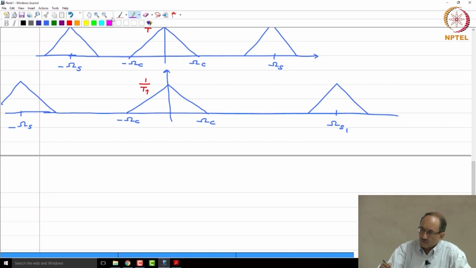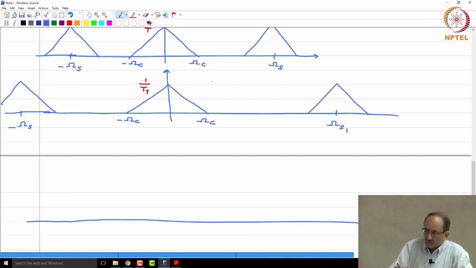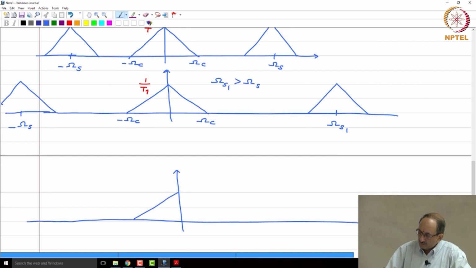And just to complete the picture for one more case. So, this is omega s1 greater than omega s, and immediately you can also guess that if you now have a sampling frequency that is smaller, say omega s2, then the repetitions will occur sooner, and this will be scaled by 1 over T2.